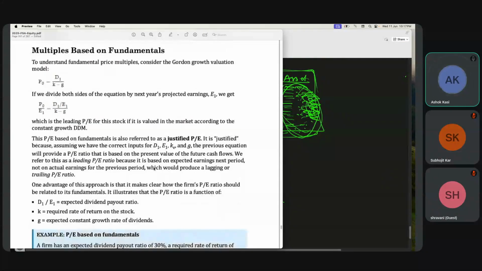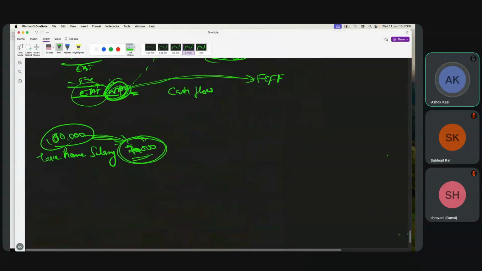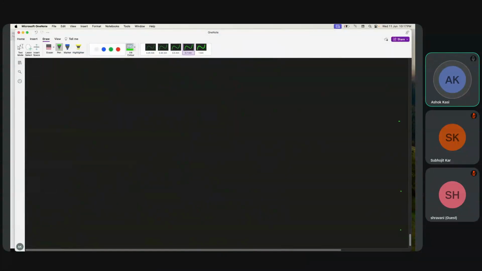Now, how do we calculate the justified PE ratio? Justified trailing PE ratio is equal to, trailing means based on the past data.